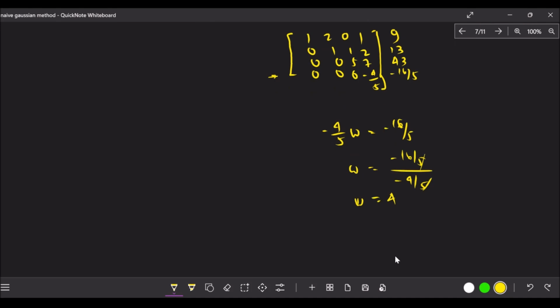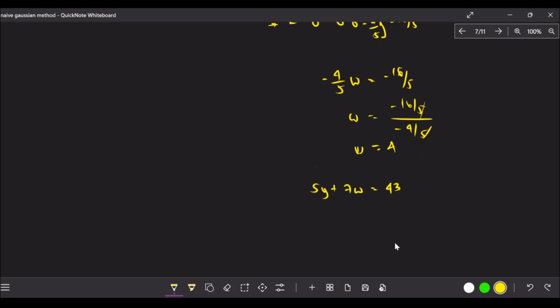So from row 3, it's 5 and 7. So that is 5y plus 7w is equal to 43. So substituting, 5y plus 7 times 4 is equal to 43.